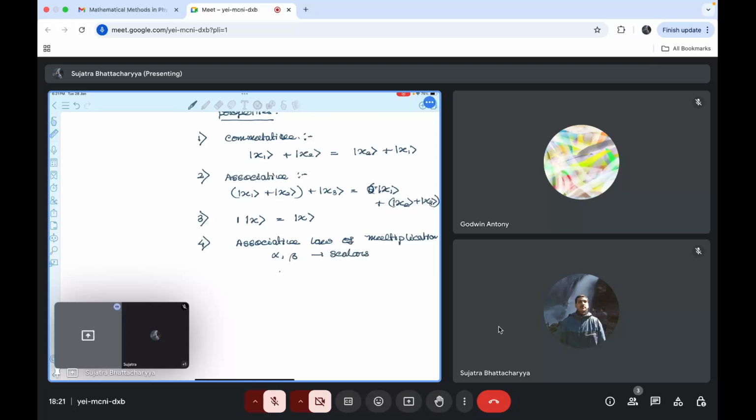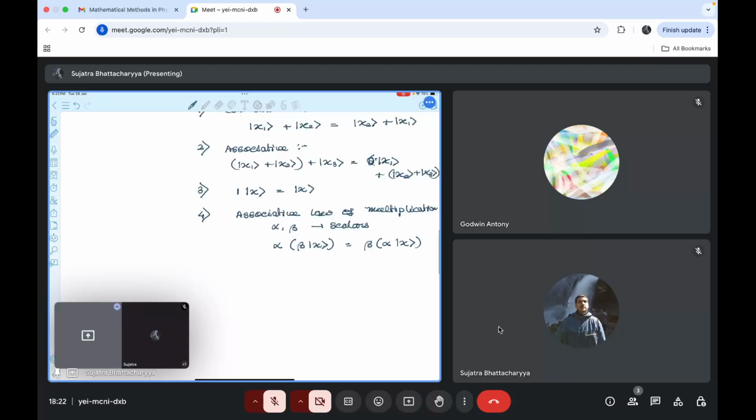Your alpha times beta x, where x is the vector, you can always write as beta times alpha x. So you can multiply alpha first with the x or beta first with the x, then multiply by the other term, based on this associative law of multiplication. This is the fourth property.